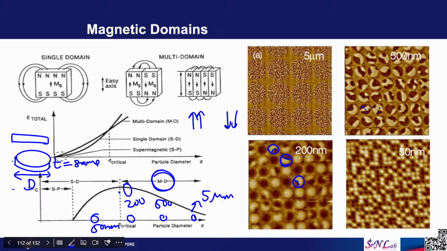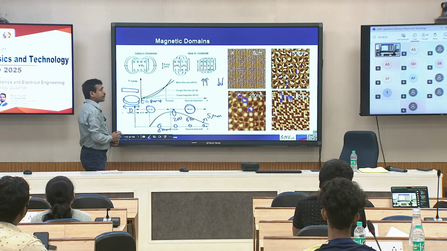But once you go to 50 nanometer, you take all these small regions, either they are fully white or fully brown, so none of them have any domains. Here you see a Pepsi kind of pattern, but here all of them are either brown or black. That means those small disks are in the single domain state.